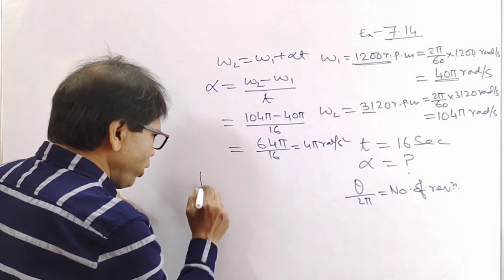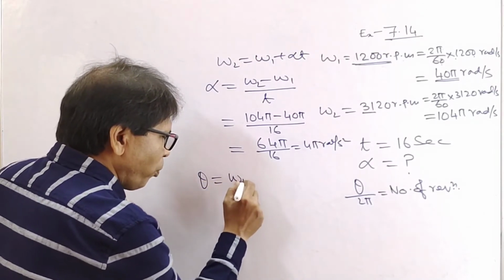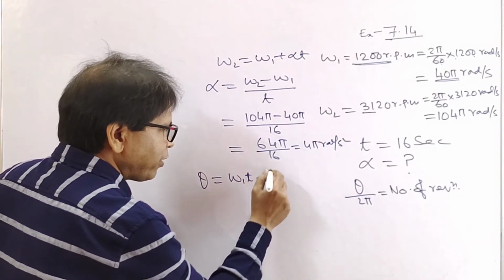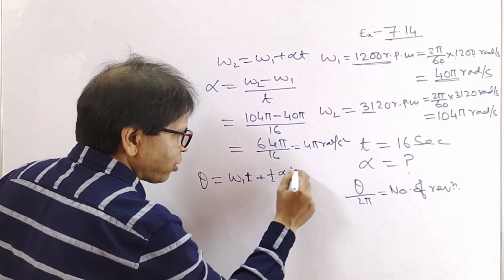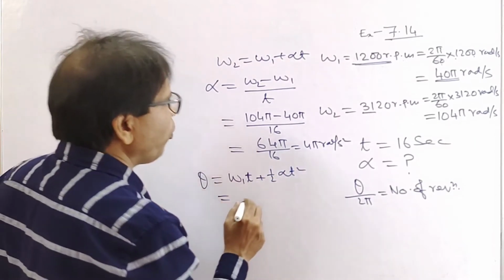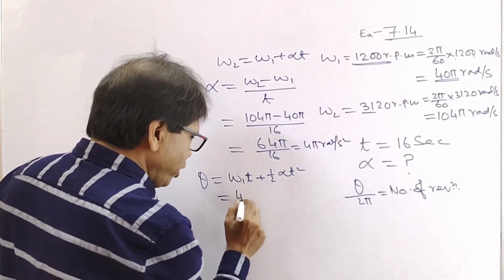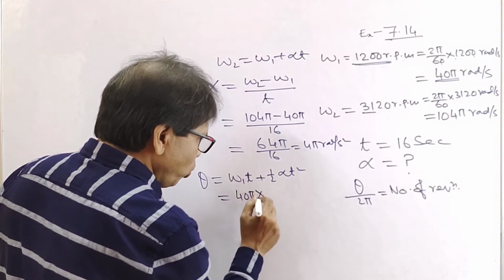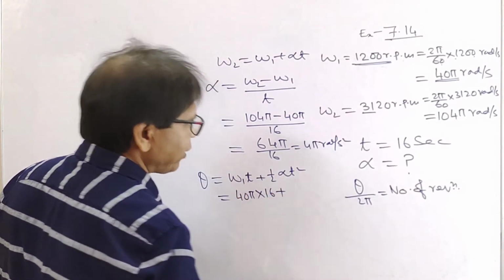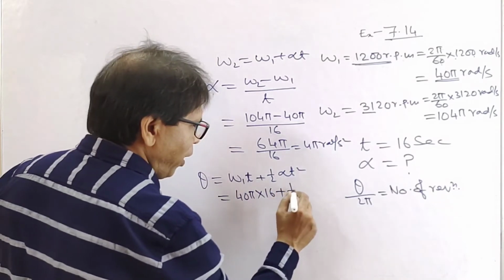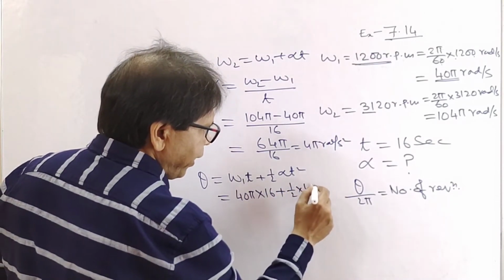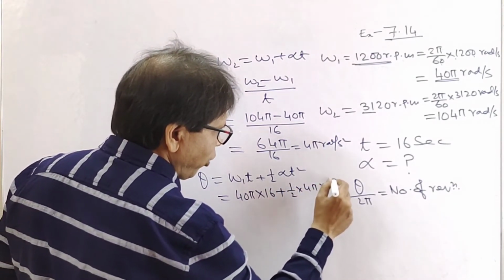First of all, calculate theta. Theta equal to omega 1 into t plus half alpha t square. Here omega 1 is 40 pi into 16, plus half alpha, that is 4 pi, into 16 square.